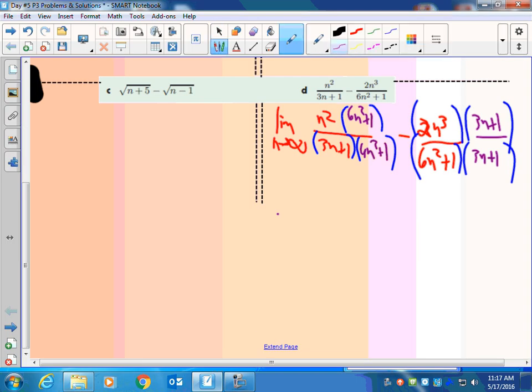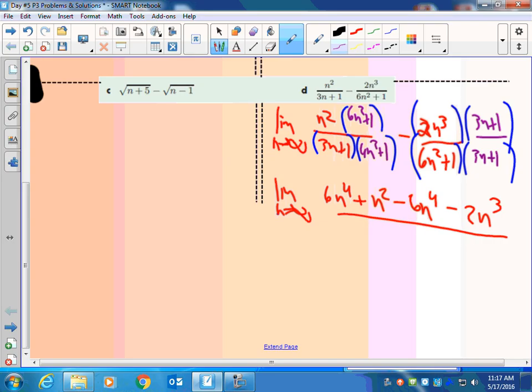But now we have to multiply those. So the limit as n approaches infinity, 6n to the 4th plus n squared minus 6n to the 4th, n cubed times n is n to the 4th, minus 2n cubed all over, let's multiply it out. 12n to the 3rd plus 4n squared plus 3n plus 1.